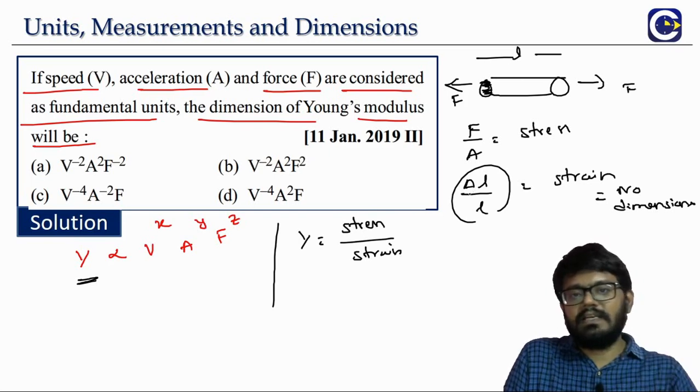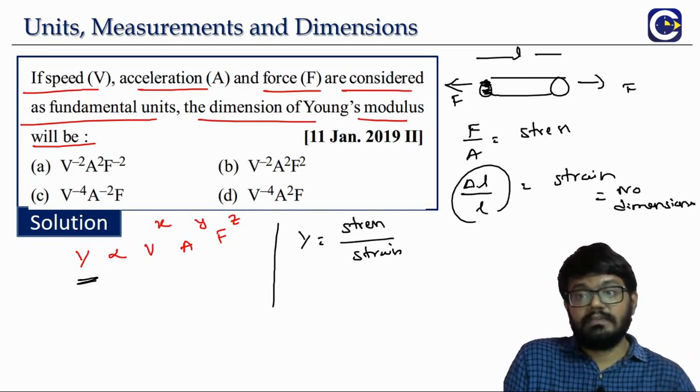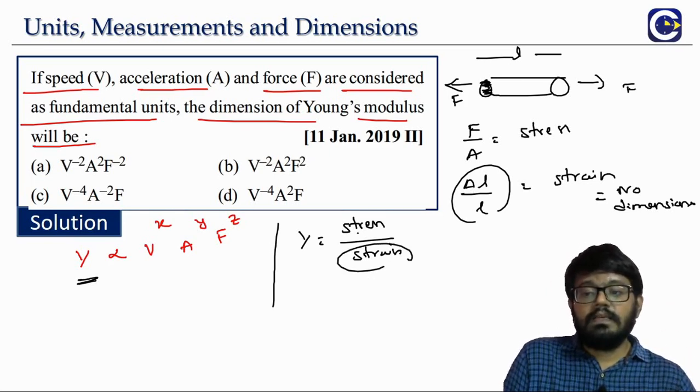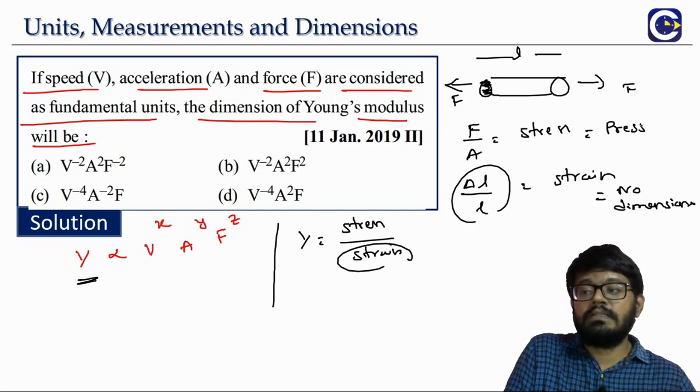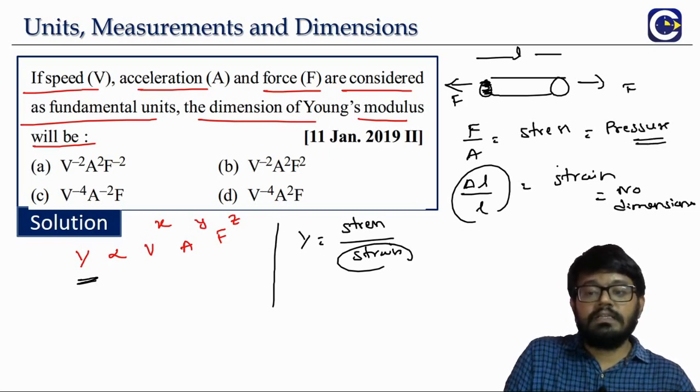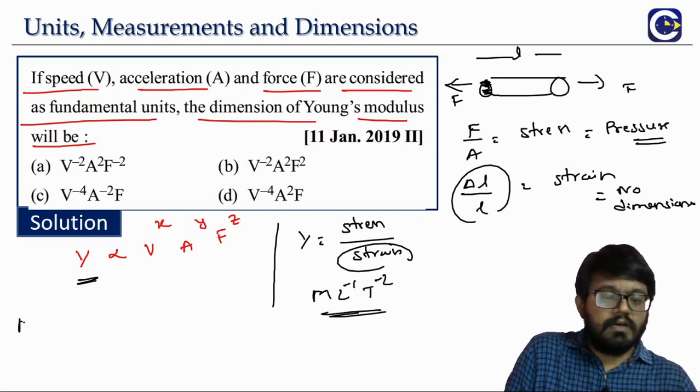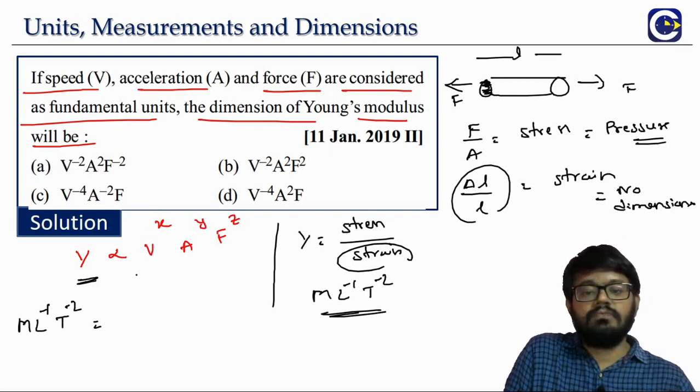Change in length by original length, length by length, no dimensions. Which means Young's modulus will have the dimensions of stress. Force by area means that is nothing but the dimensions of pressure only. The dimensions of pressure are M L power minus 1 T power minus 2. So that will be on our left side.